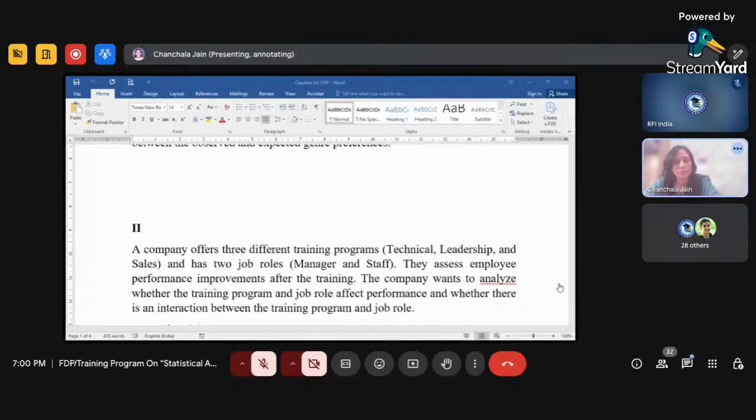Any other comment? Okay. Manjit ma'am, which ANOVA are you expecting here?